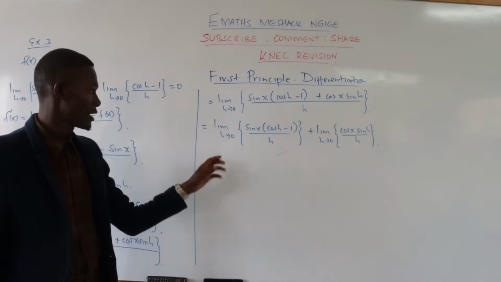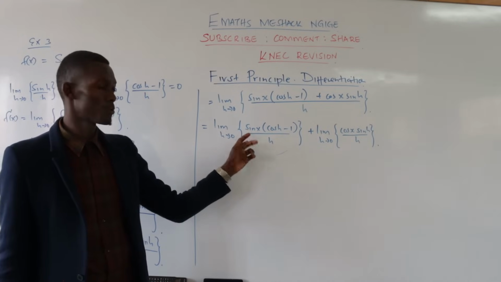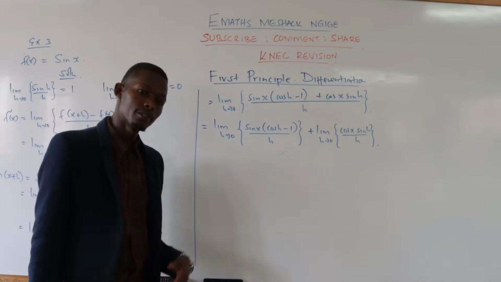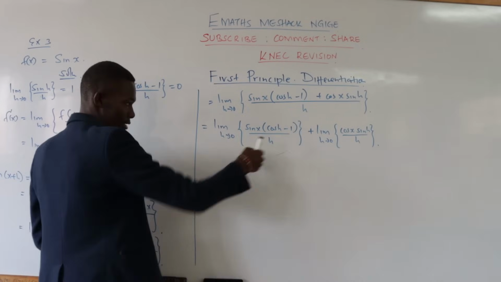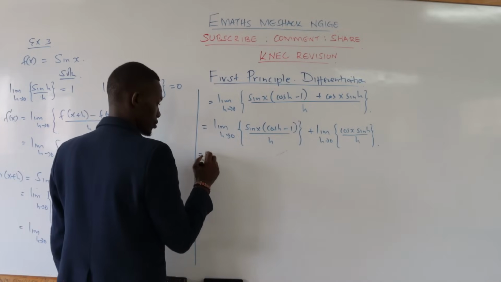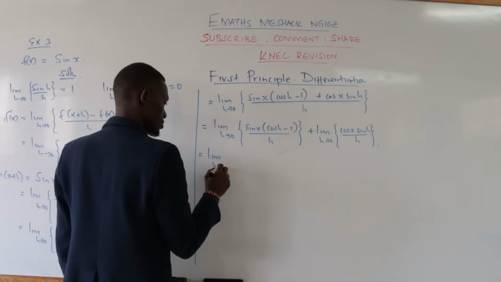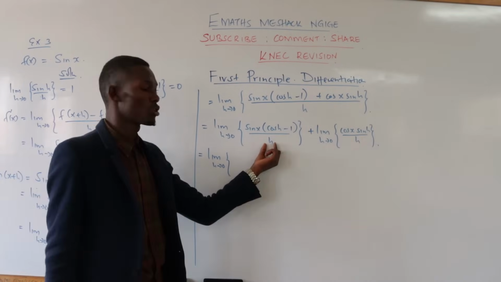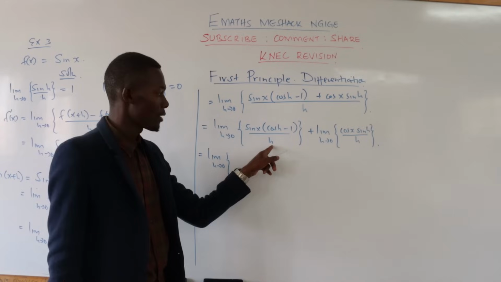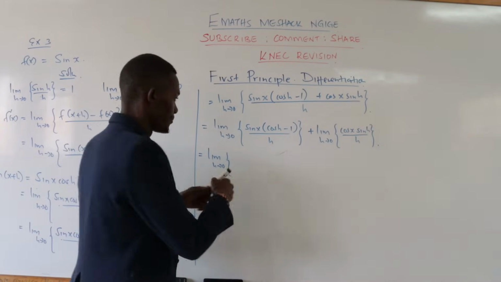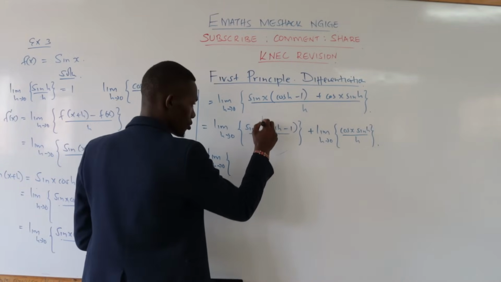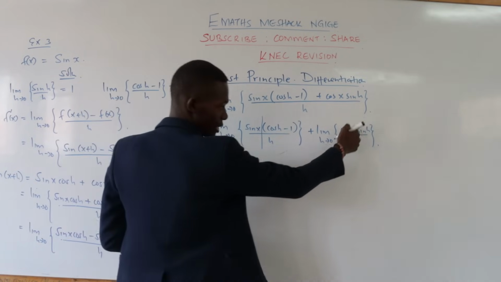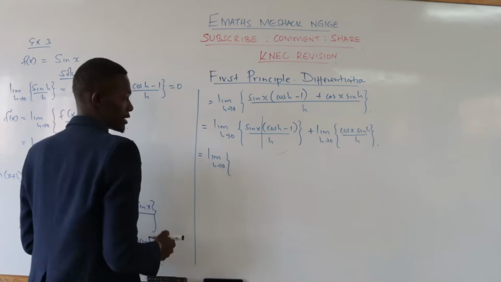Then this one becomes a multiple. We are multiplying this and this term. Again, the product of the limit is the limit of the product. So split this since you have a multiplication. So we'll split and we have limit as h tends to 0. We take the first term. Now remember here, this term will not be shared. So we'll take our term here because we're splitting them. So this h will go with the term that has an h. The same here, it will go with the term that has an h.